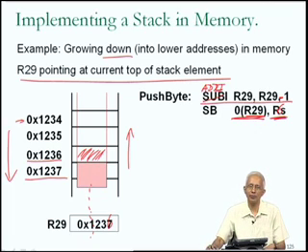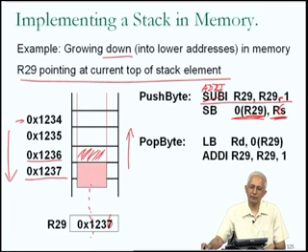How do I implement the pop byte? I could leave this as a simple example for you to work out, but it's clearly going to be the opposite, in the sense that it's going to start with a load byte. In other words, read from memory the byte at base address R29 plus displacement 0, whatever the top of stack is currently pointing at, into some destination register.